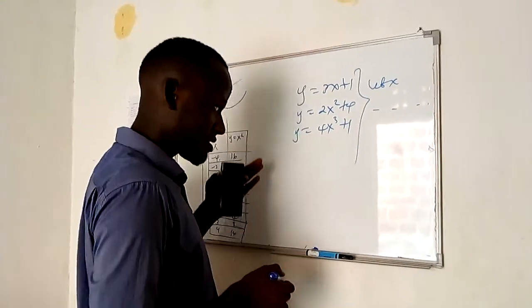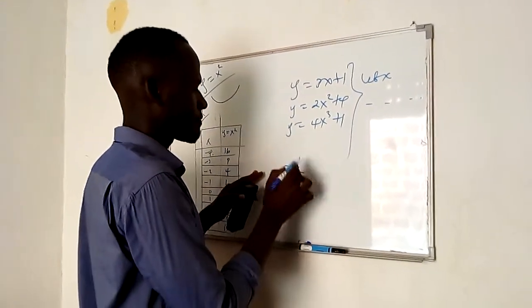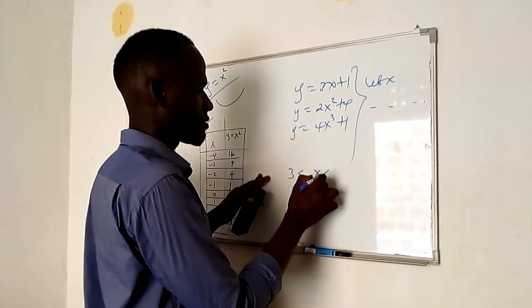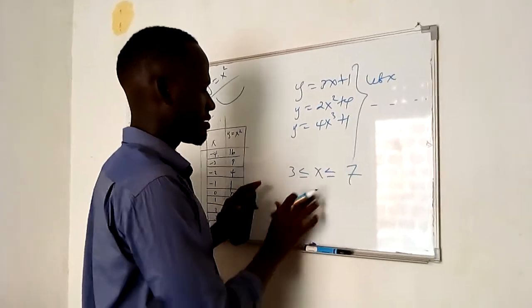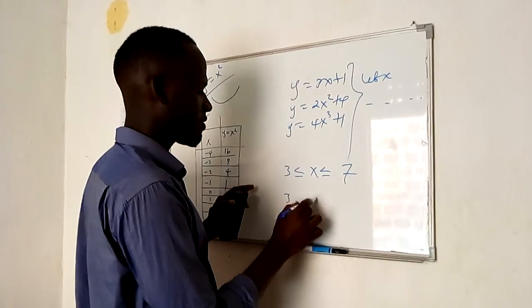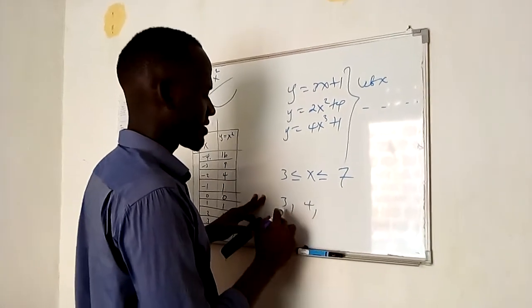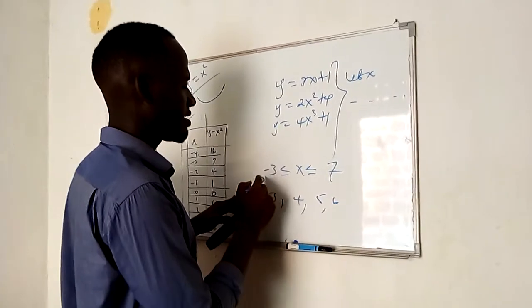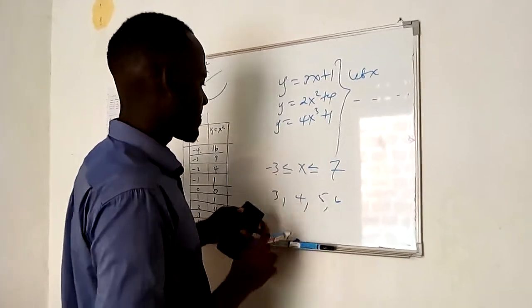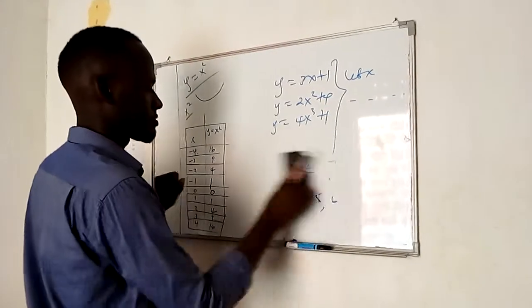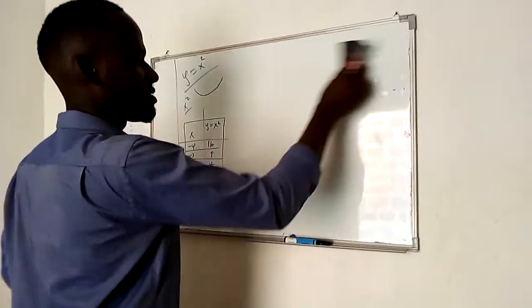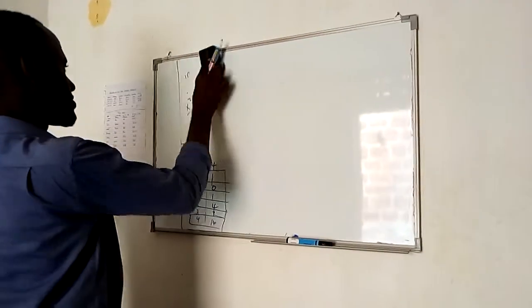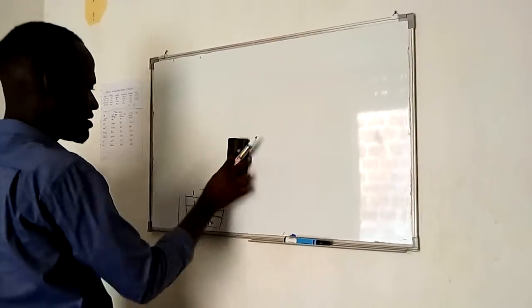But if you're given a range like 3 less than x less than 7, you use within this range: 3, 4, 5, 6. You have to use values within the range. There's nothing big to say about the graphic method.